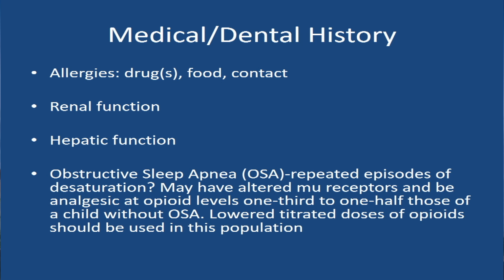They may have altered mu receptors and be analgesic at opioid levels 1/3 to 1/2 those of a child without obstructive sleep apnea. Lowered titrated doses of opioids should be used in this population.